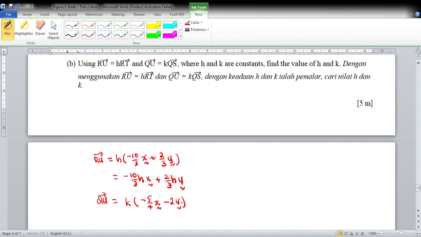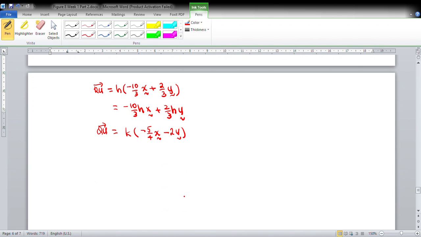Okay, so again, we get this negative 5 over 4kx minus 2ky. Okay, so before we are asked to find what is k and what is h, so we need to make a connection between R, U and Q. Let's go back and look at the diagram.